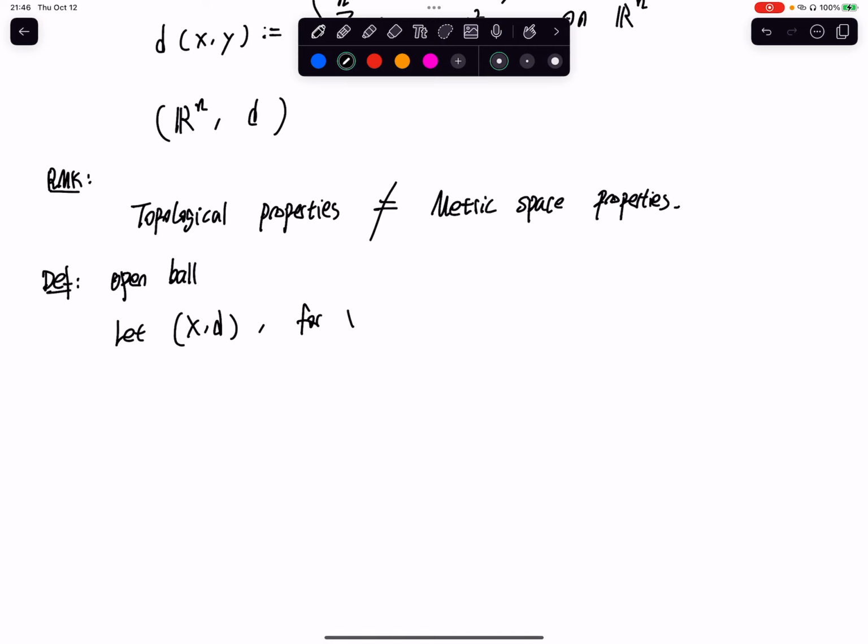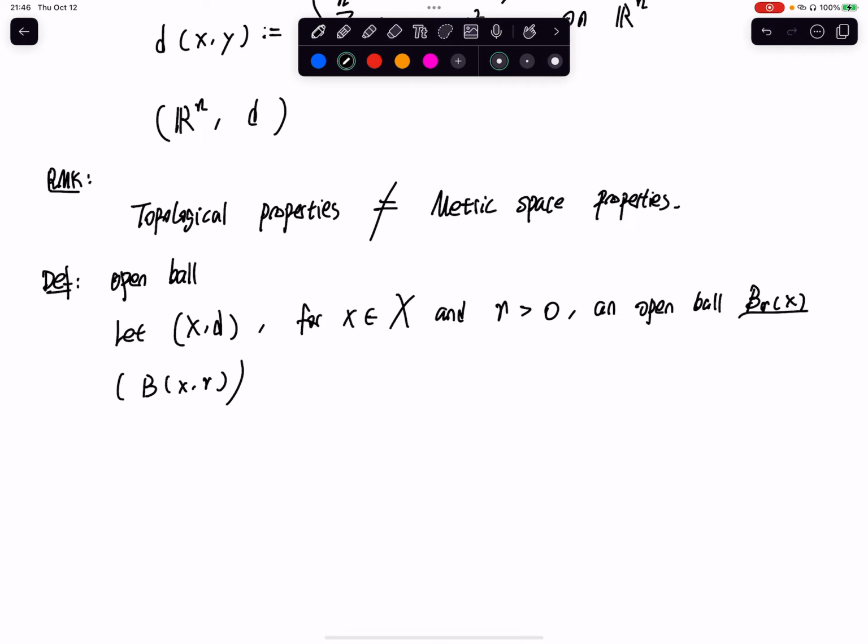So for x in X, an arbitrary point, and r greater than 0 an arbitrary constant, we say an open ball B r of x. In some literature, one may write B(x, r) or B r x, but they all mean the open ball. And in our lecture, we're going to apply this terminology.